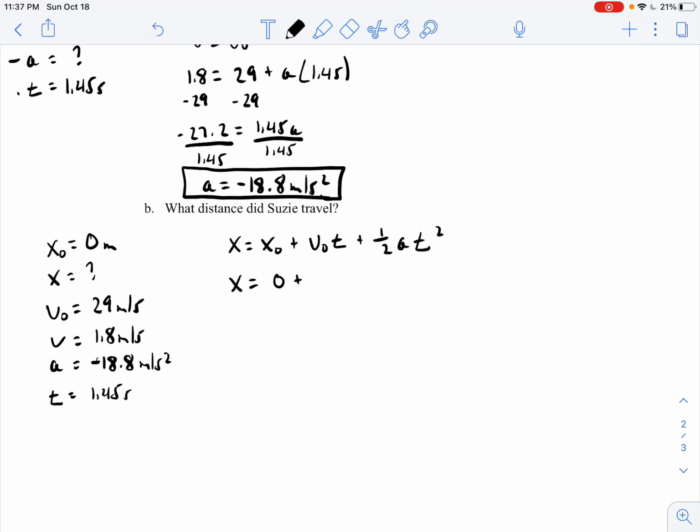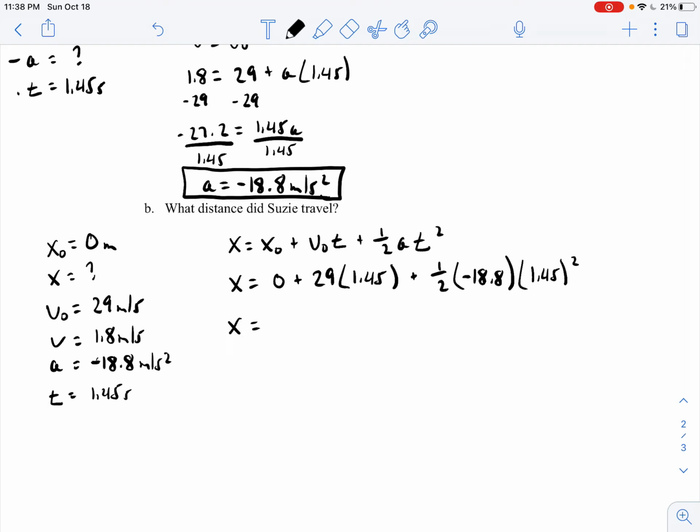Our initial velocity is going to be 29 meters per second times our time of 1.45. We're going to add that to 1/2 times our acceleration, which in this case we have negative 18.8. Again, extremely crucial we keep that negative sign in there. And then our time squared is going to be 1.45 squared.